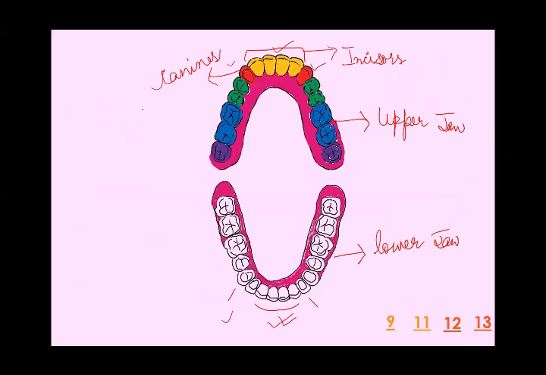You can observe that I have colored them with green color. This green color represents the premolars. And you can observe that 2 here and 2 on this side. Total 4 in the upper jaw, and similarly 4 will be there in the lower jaw.